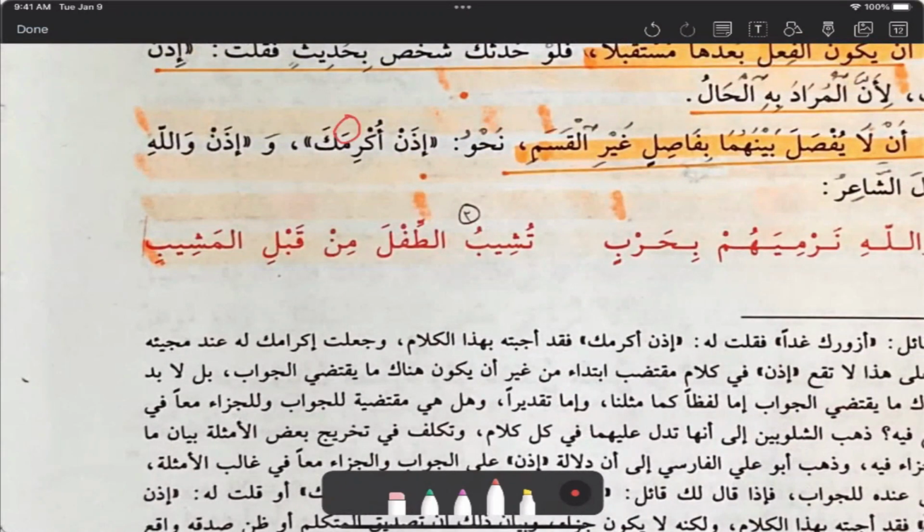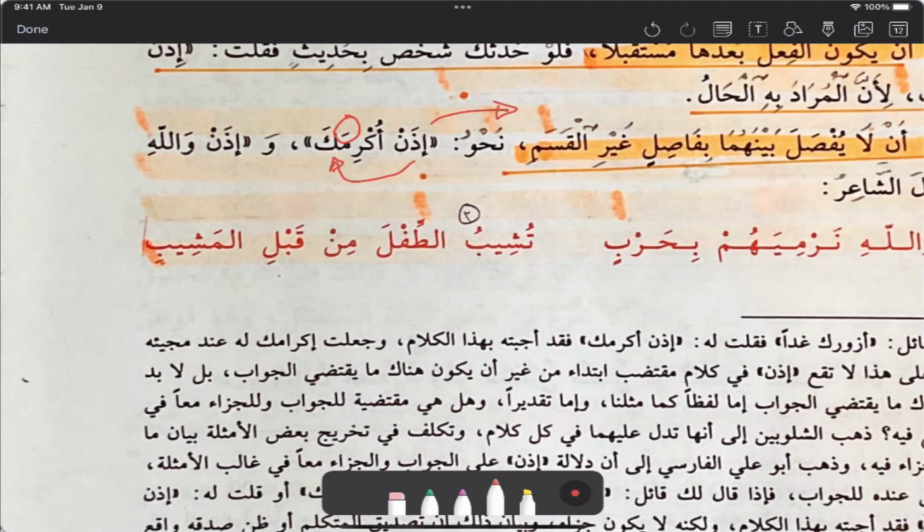So idhan is in response to something prior that was said, and then it came as reciprocation for that prior notion and was in direct contact with the verb and was for the future. Then you're going to say idhan ukrimak, then I shall be hospitable to you.